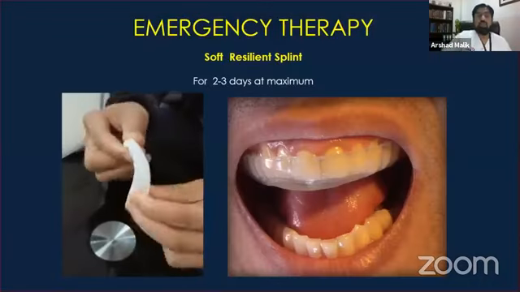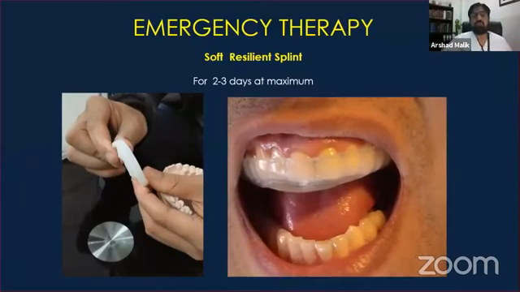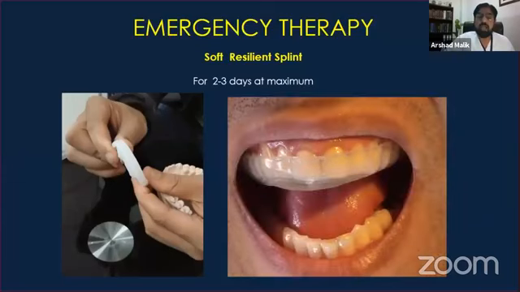Now, for the 2 to 3 days, you have to give the soft resilient splint. And that is very easy, you just take the impression of the upper jaw and make a silicone pressure resilient splint, which is very soft in nature.